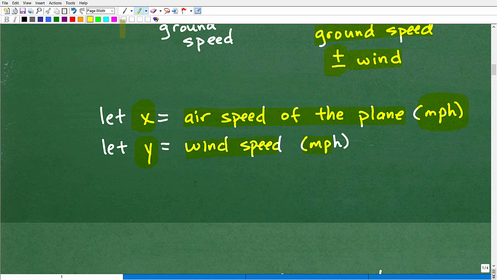Let's be a little more precise with what's going on. The airplane is going from here to here, like so. Now, the wind could be like this, going at some miles per hour.